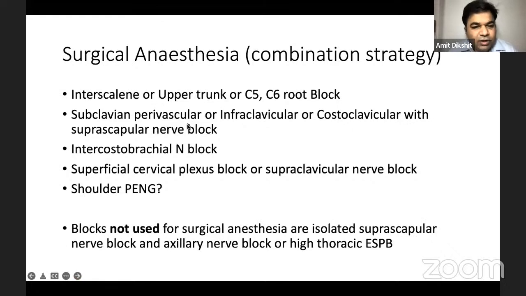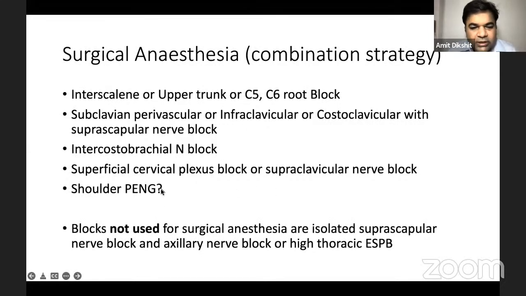And if we are using a subclavian perivascular block because we are good at it, then it can be combined with a suprascapular nerve block either anteriorly or posteriorly. Then for surgical anesthesia, we need to utilize a combination of intercostobrachial nerve block and also either a superficial cervical plexus or a supraclavicular nerve block.